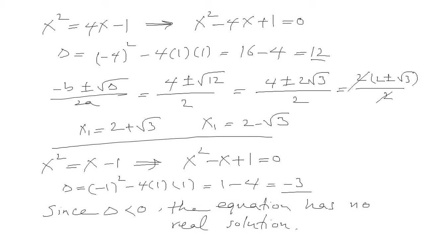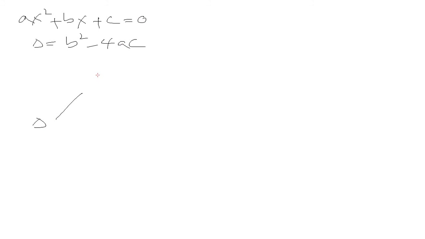Okay, so let's review the significance of delta in a quadratic equation. So don't forget that the quadratic equation is in the form ax squared plus bx plus c equals 0, and delta is b squared minus 4ac. So there are three things that can happen. Your delta can be something positive, your delta can be 0, and your delta can be negative, so less than 0.